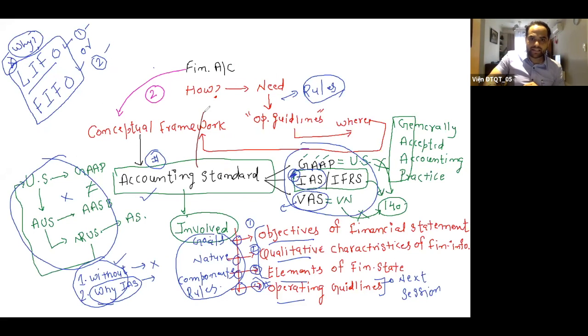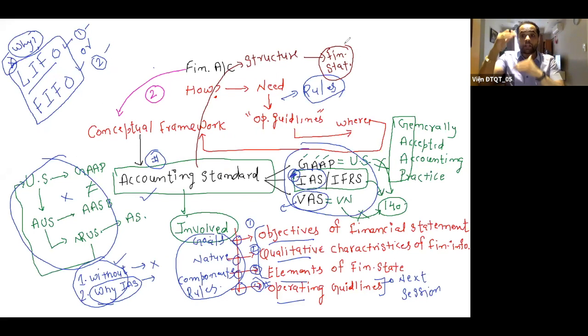Accounting standards provide the structure of financial statements, how financial statements look alike. Accounting standard tells us how the financial statement structure looks alike.